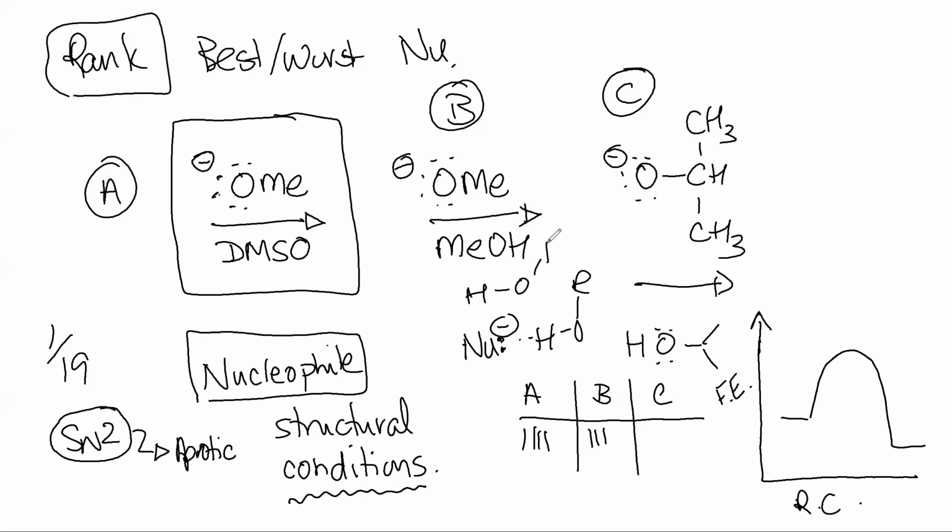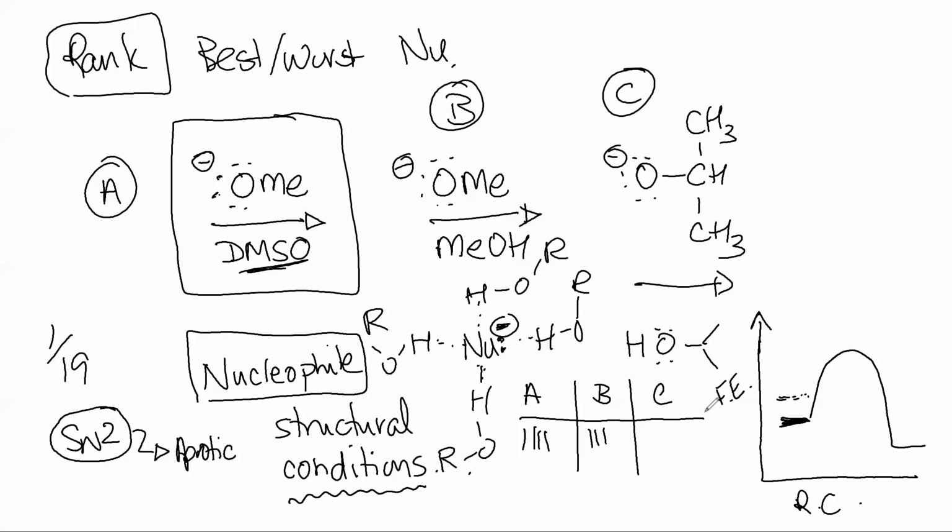It's going to be hydrogen bonded to all of those hydrogen atoms here. So it's got all of the solvent surrounding it, and it stabilizes it. So I'll just put this energy here. If you're using a solvent which isn't great at solvating negative charges, like DMSO, then the energy level is going to be higher. So it's going to start up here.